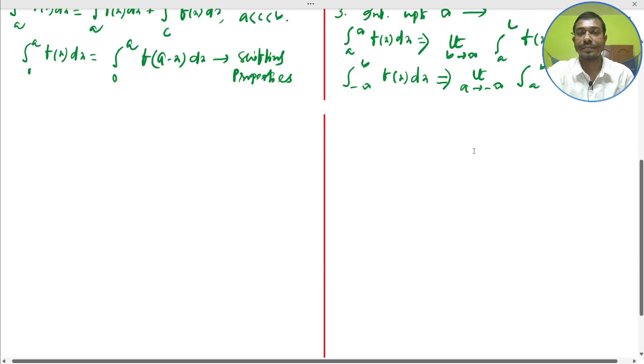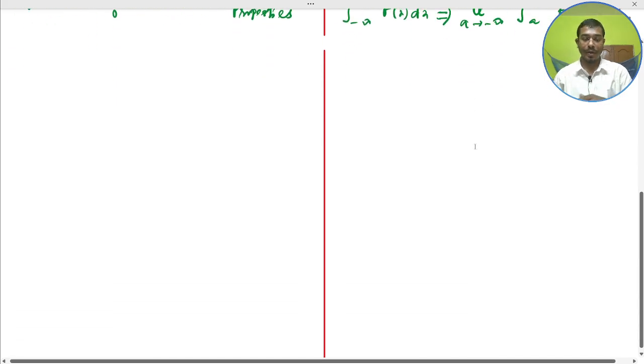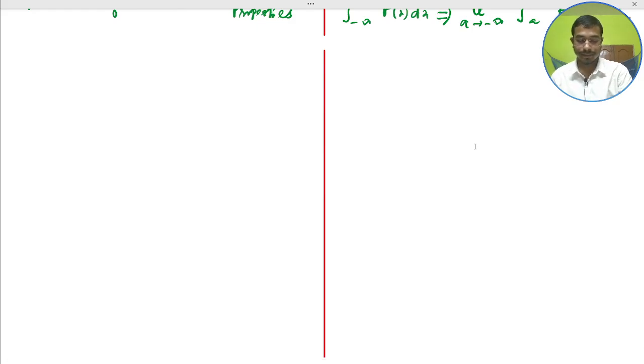Last one, integrals as the limit of a sum. Very important.